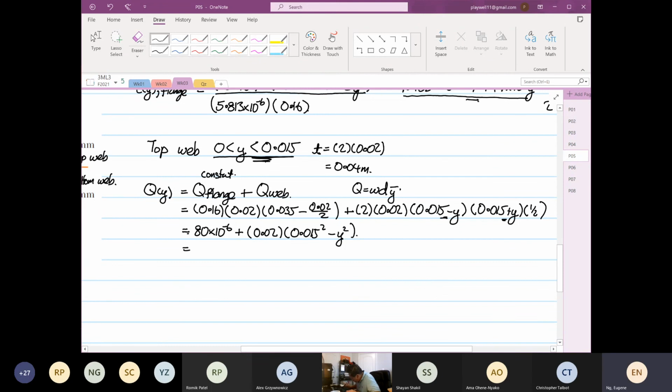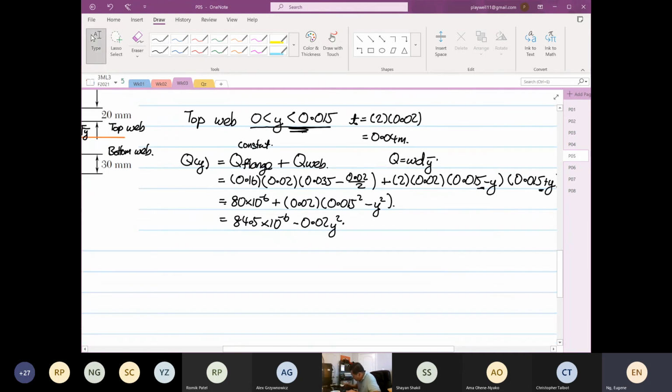Okay. So it will be 0.015 squared times 0.02, plus 80 to the power minus 6, so it's equal to 84.5 times 10 to the power minus 6. Okay. And then minus 0.02 y squared.